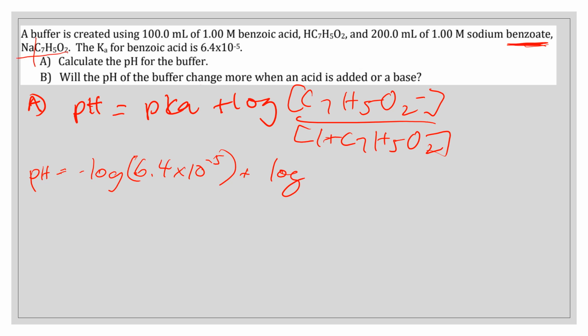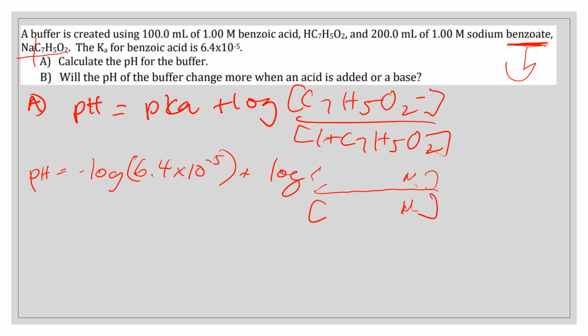Thank the Lord. We need to plug in our concentrations. So the concentration of the benzoate is going to be, let's see, so we got to figure out what the molarity is of this and that. It's ugly.